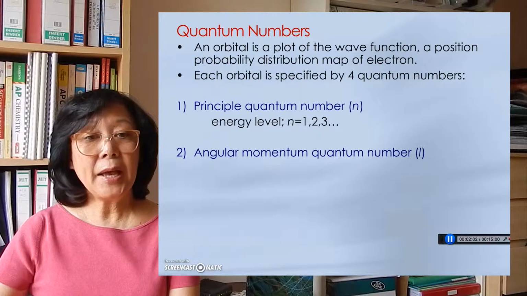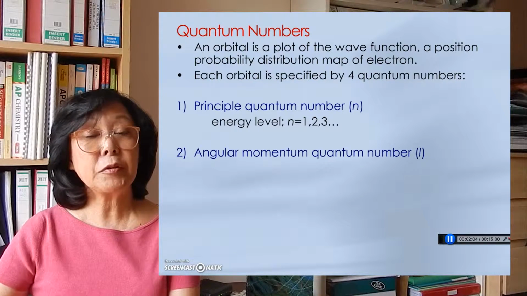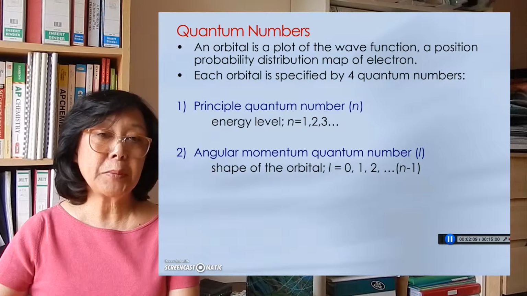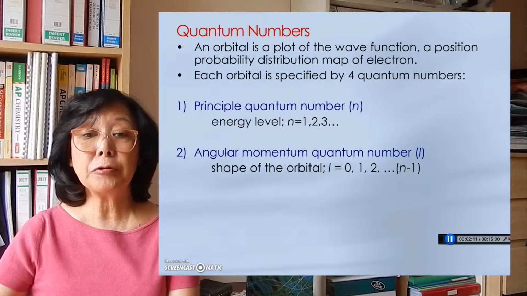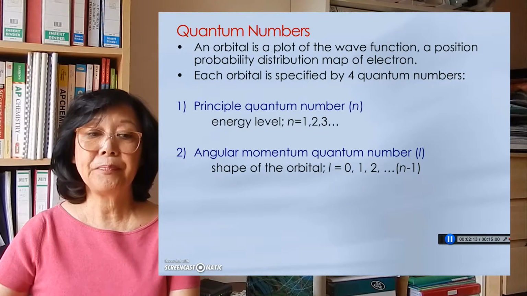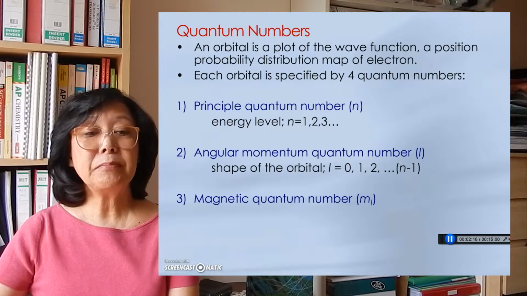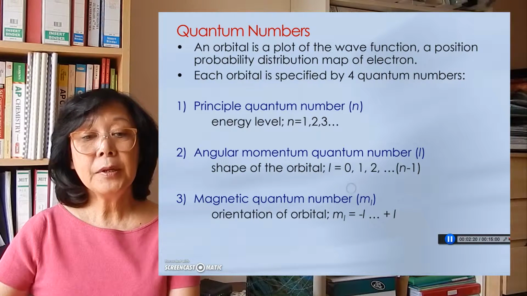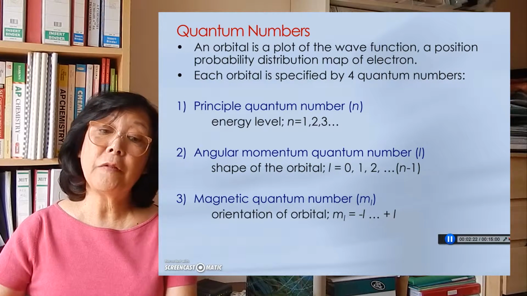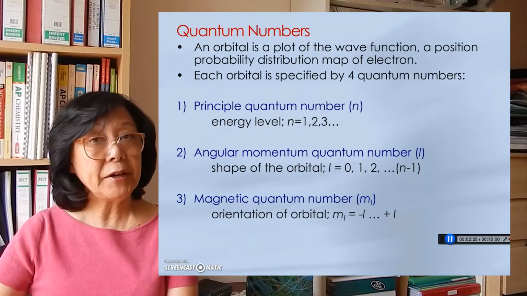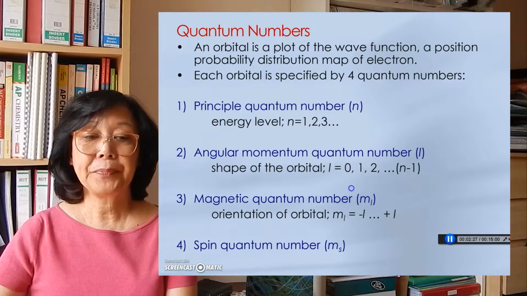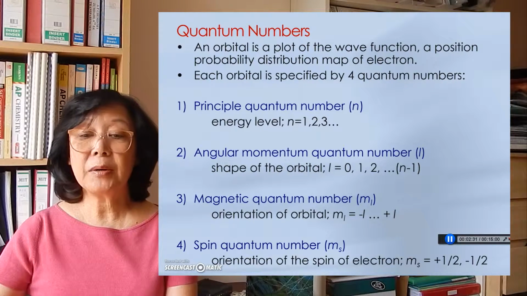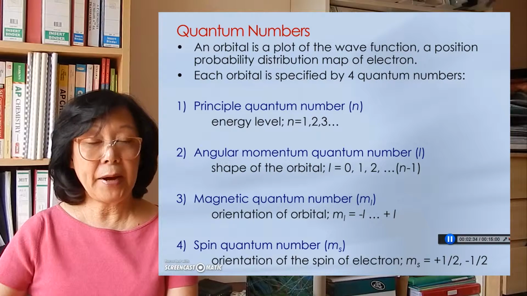The next one is the angular momentum quantum number, described by l, and that's the shape of the orbital, which is represented by the number 0, 1, 2, up to n minus 1. The next one is the magnetic quantum number, m sub l, and it describes the orientation of the orbital, represented from negative l to positive l. And finally, there is the spin of the electrons, which can be plus half or negative half.